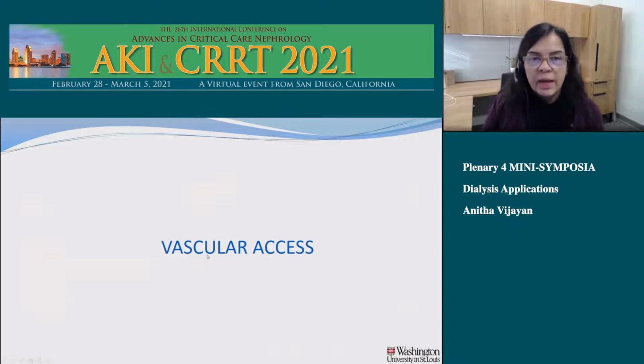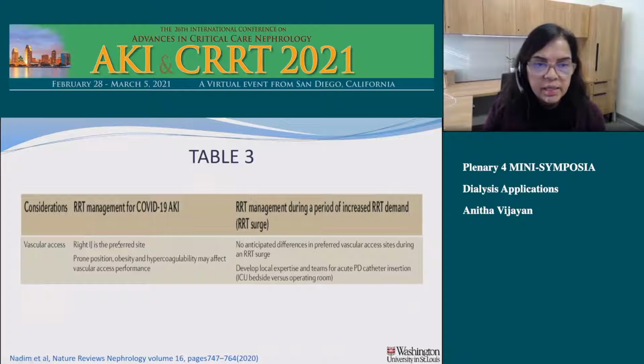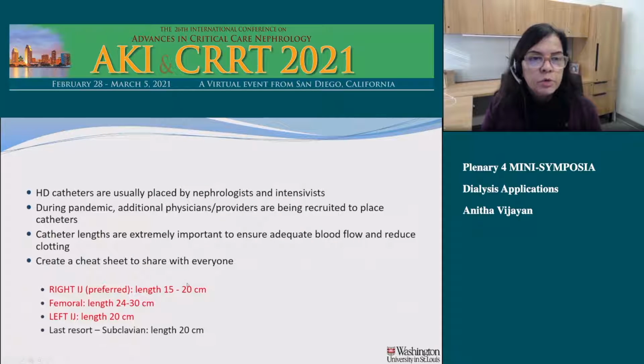What about vascular access? Right IJ is the preferred site for dialysis catheters. Remember that prone position, obesity, and hypercoagulability may affect vascular access performance, and we need to pay attention to catheter placement and appropriate catheter length. Usually hemodialysis catheters are placed by nephrologists and intensivists who are familiar with the different lengths that are required.